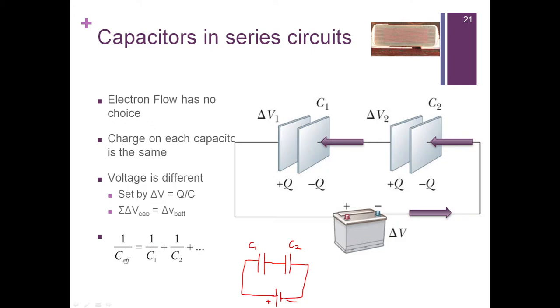So you add up 1 over C1 plus 1 over C2, and whatever that sum is, you invert it again. So it's the reciprocal of the sum of the reciprocals. Again, if you've worked with resistor circuits in a previous science class, this may look familiar.